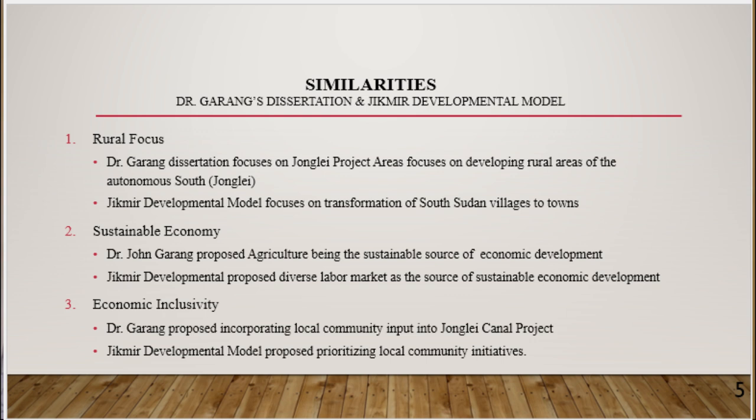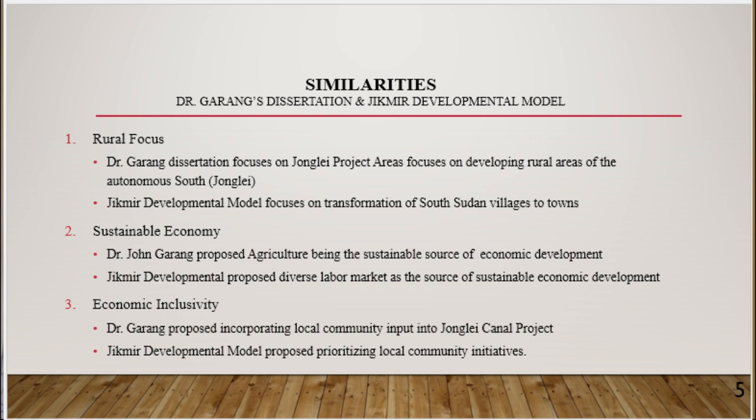And then economic inclusivity, right? Dr. John Garang proposed that the Jonglei Canal should incorporate local communities' inputs in Jonglei, specifically from Shuluk, from Nuer, and from Denkas. Right? Those were the locals in that area when this study was done.